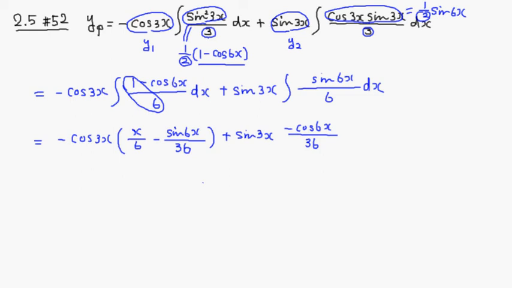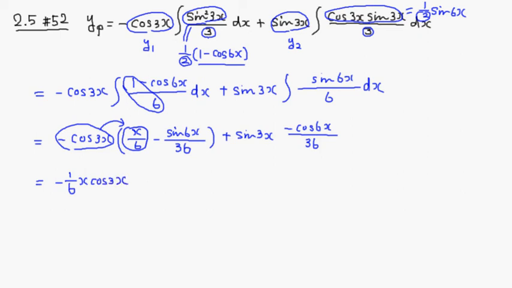Then we just have to do a little bit of simplification. I'm going to distribute this to the first term, so you get negative 1 over 6 x times cosine of 3x.